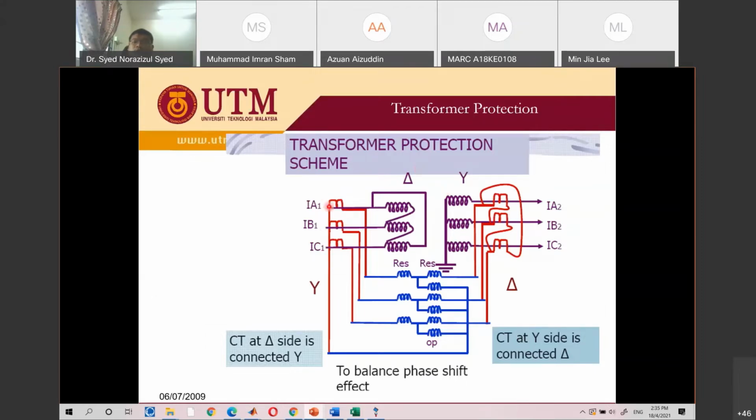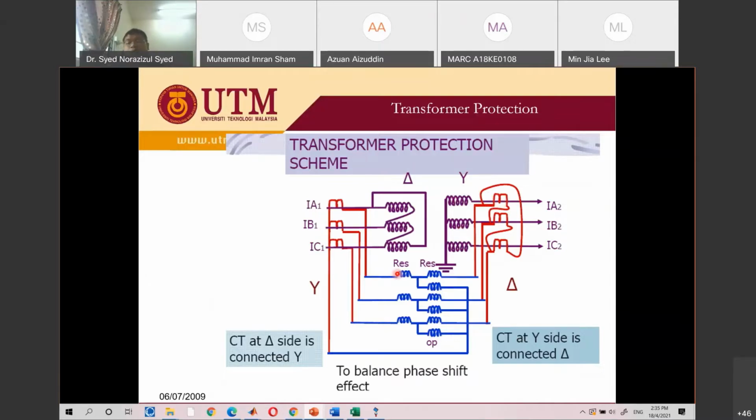By using a star connection on the CT, it is 0 degrees, so the angle here is still 30 degrees, the displacement is still 30 degrees. So the star here is 0 degrees. If we choose a star here, it is 0 degrees, and then going to here is 0 degrees, and they meet with the 30 degrees, so it will cause error.